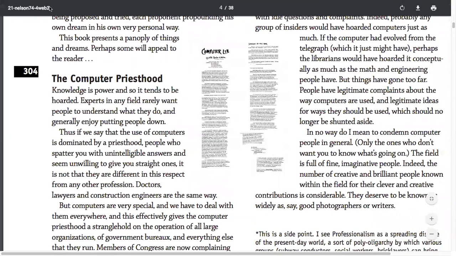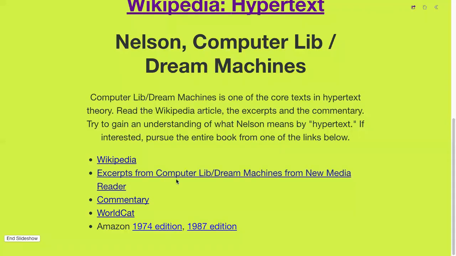I think it's one of the core texts in using computers. His whole concept, which was radical in the 60s, was that computers were going to be used by people who write, by ordinary people, not just engineers, not just scientists, like us.